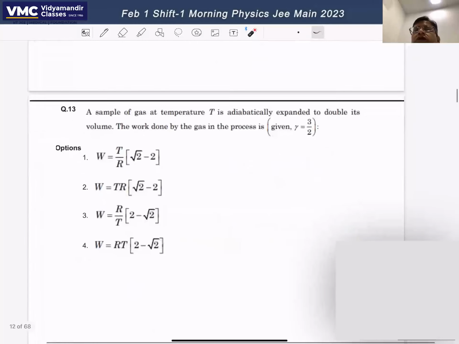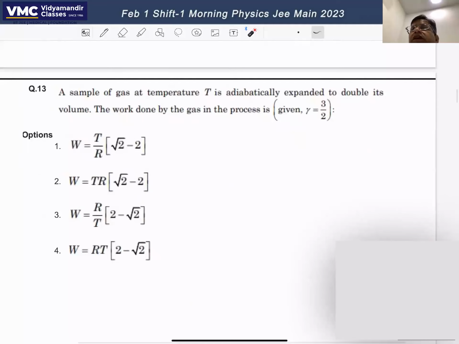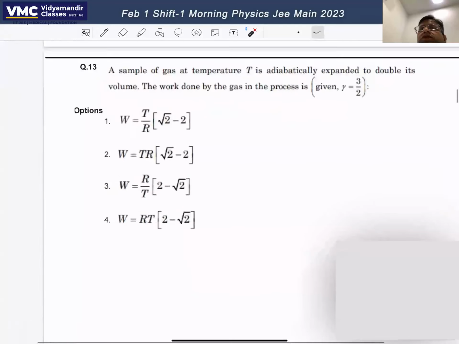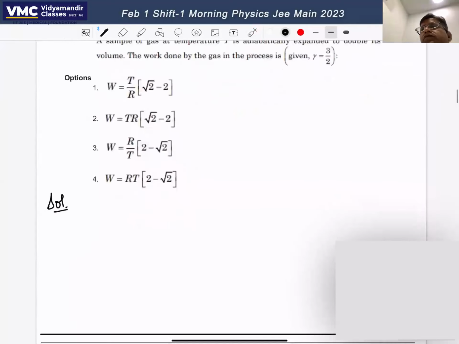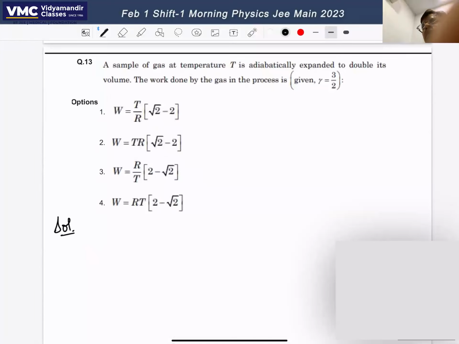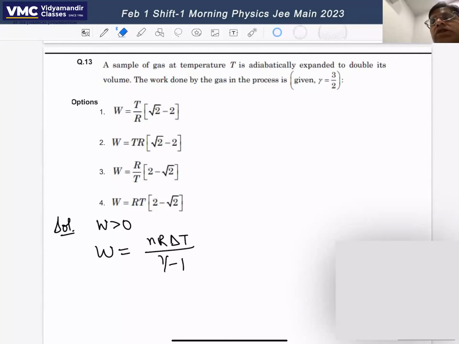In question number 13, a sample of gas at temperature T is adiabatically expanded to double its volume. The work done by the gas in the process is. Since this is an expansion, volume is increasing, that's why this work will be positive, and this work will be given by nR delta T divided by gamma minus 1 for an adiabatic process.